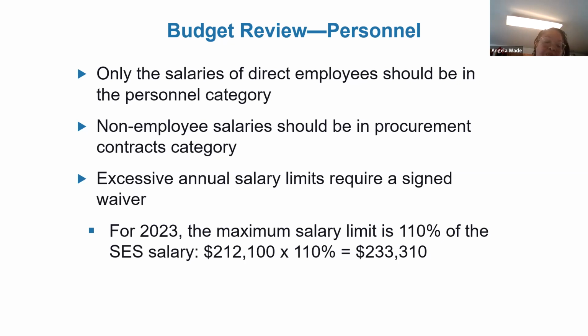If for some reason you feel as though you still need to pay that excessive salary, you want to reach out to your program manager, and you may be able to request a waiver to exceeding that salary limit. Also, on page 58 of the DOJ Financial Guide, there is additional information on what the excessive salary limits are.